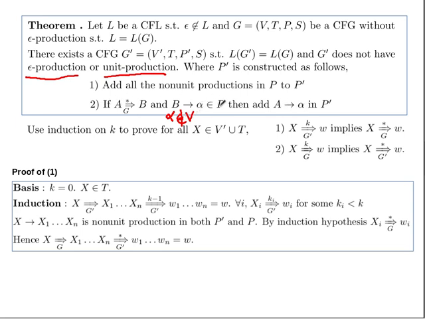So A goes to alpha, we add this production directly into P prime, and we do not have any of the unit productions that are involved here.